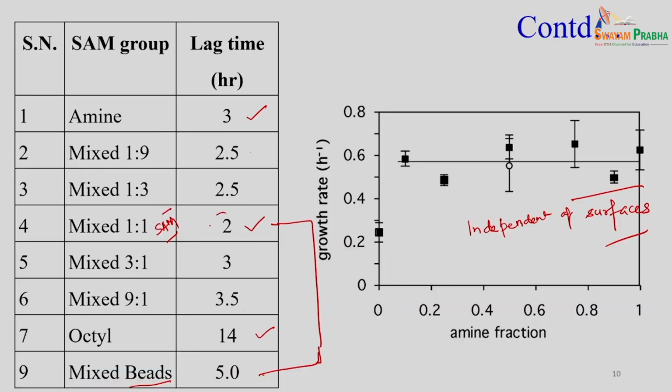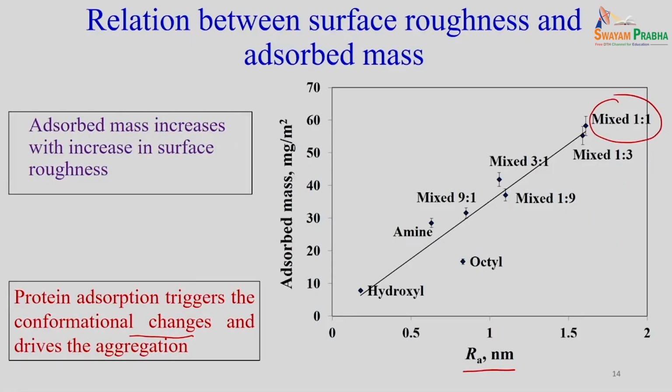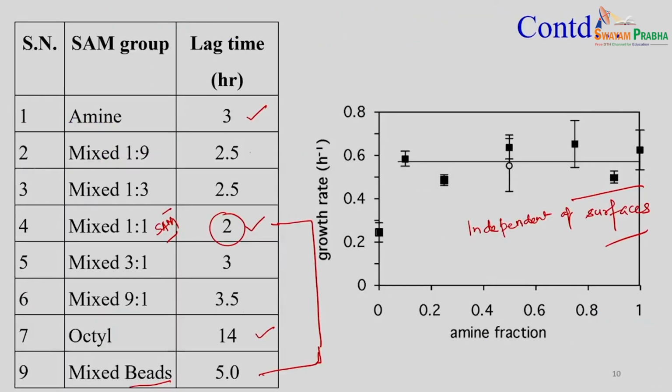So, we have got the least value of the lag time and the maximum value of the adsorbed amount in case of mixed 1,1 SAM. So, what it says is that the surface which has a higher affinity for the protein will result in more adsorbed amount, and more adsorbed amount means higher adsorption rate, and because of the higher adsorption rate it will have the shortest lag time. So, the aggregation process will start quickly on that particular surface.